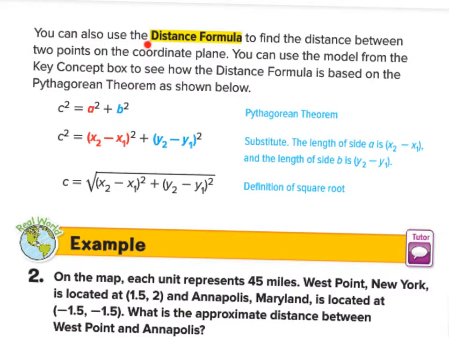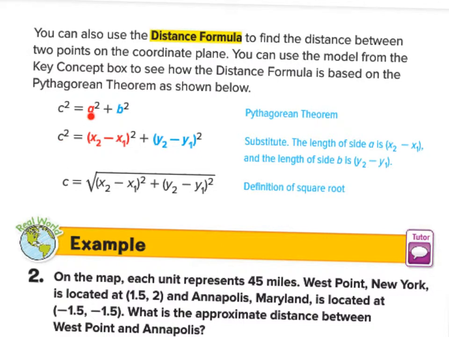You can also use the distance formula to find distance between 2 points on the coordinate plane. You can use the model from the key concept box to see how the distance formula is based on the Pythagorean theorem as shown below. Essentially, I just explained this to you, where c squared equals a squared plus b squared, or as we've written it in class, a squared plus b squared equals c squared. It's the same thing, we just flipped it around a little.